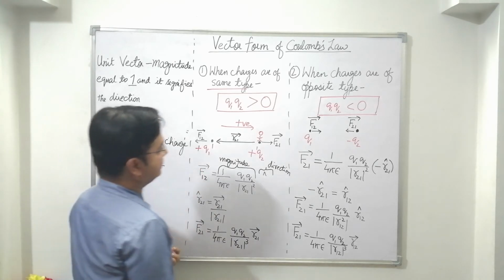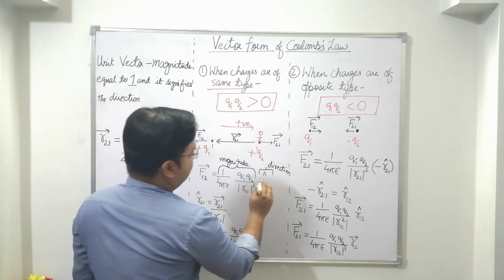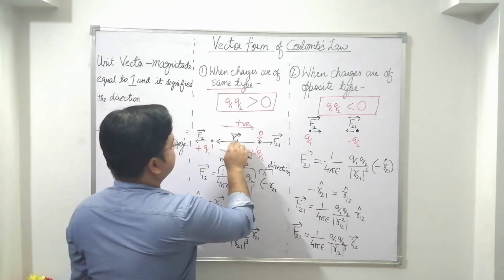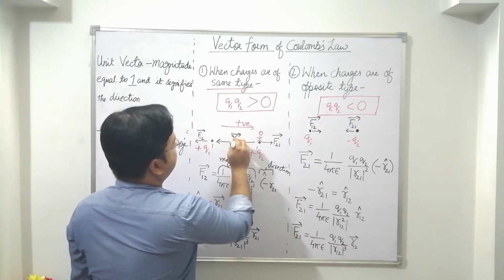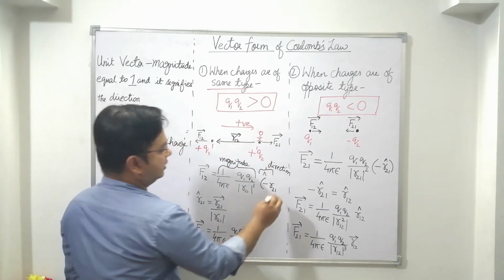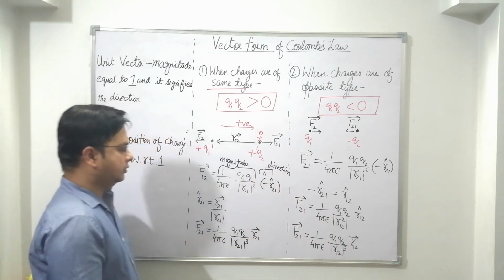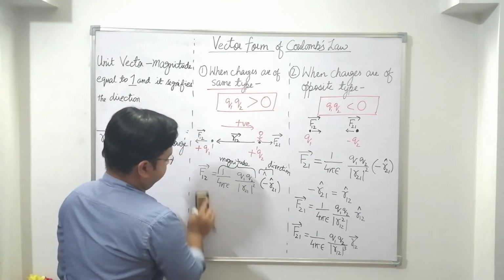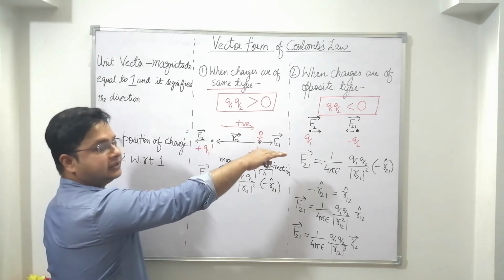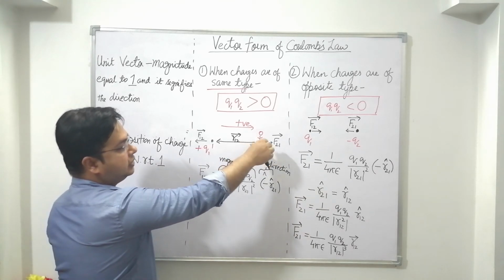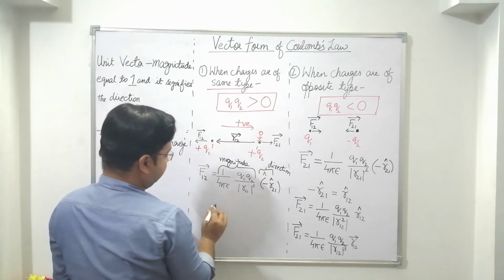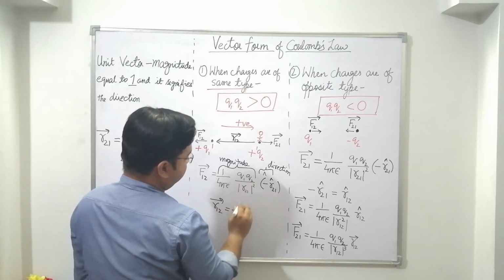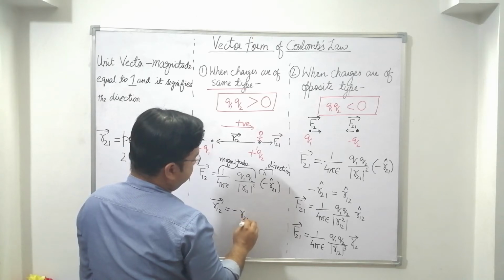So if I am expressing this in terms of R21, I have to write minus R21. This is direction R12. And I have to write minus R21. Clear? Because R21 का direction towards right था, जो कि positive था, but R12 का direction किधर आ रहा है? इस तरफ. So you can express this in vector form. Direction of R12 is opposite to that of direction R21.